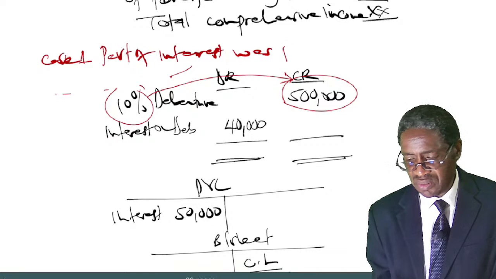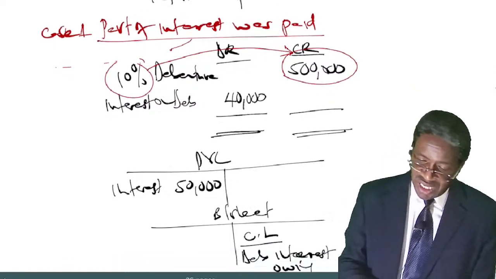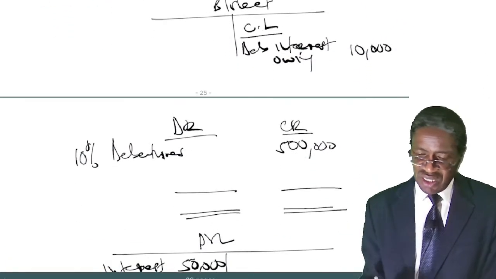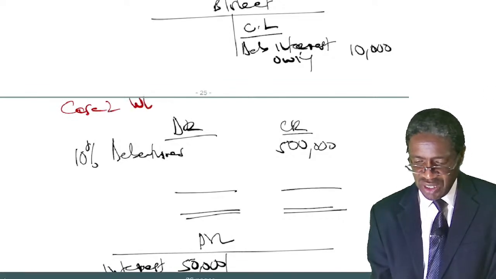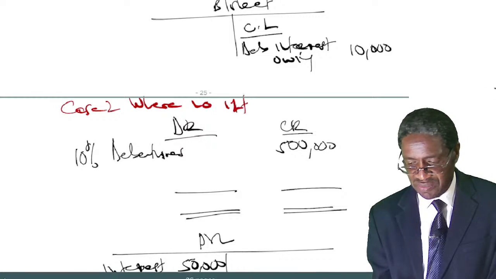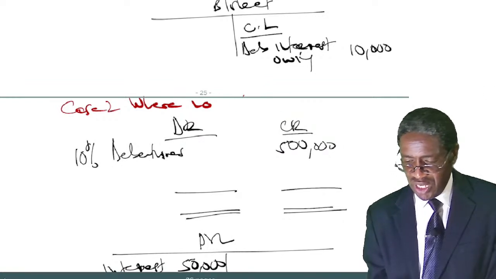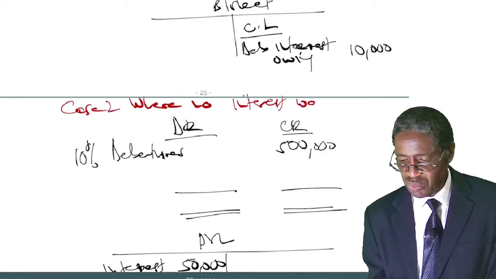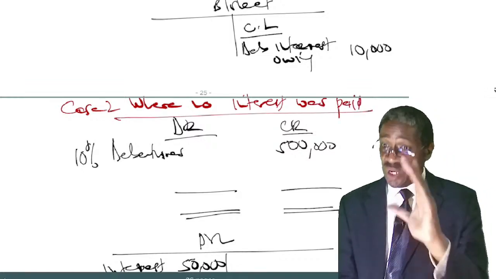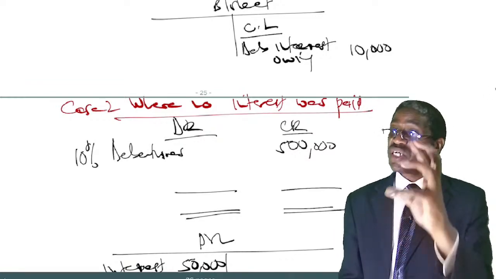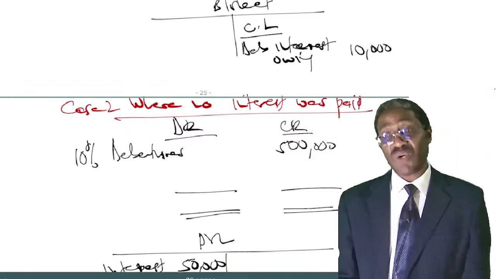Case two is where no interest was paid. But whether it is paid or not, the income statement does not care. What is the charge for the year? That's what they must recognize.